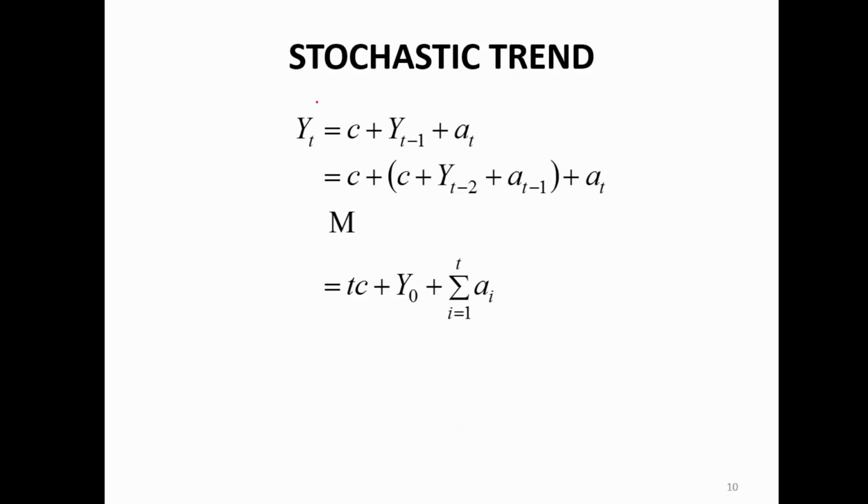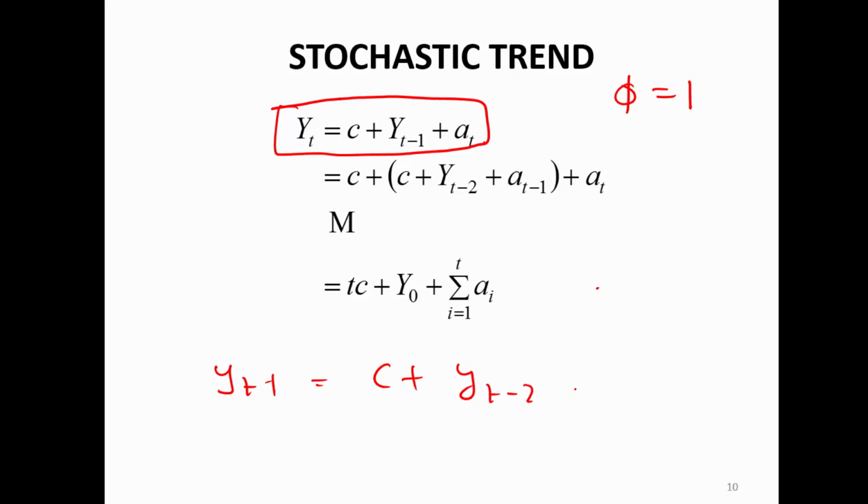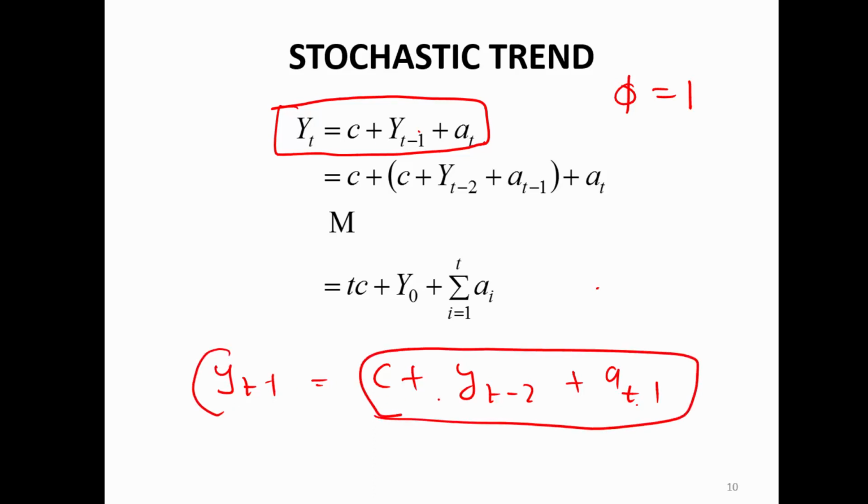So here is this stochastic trend where phi takes a value of 1. The first series is yt equal to c plus yt minus 1 plus at. Similarly, you can write yt minus 1 equal to c plus yt minus 2 plus at minus 1, and you put that in this equation. In place of yt minus 1, we just put this particular equation, and that's what we have done here.